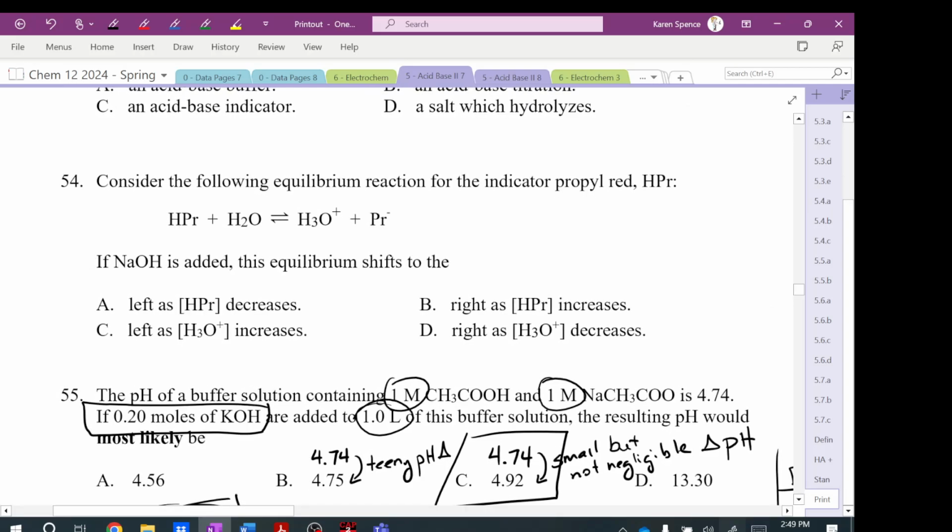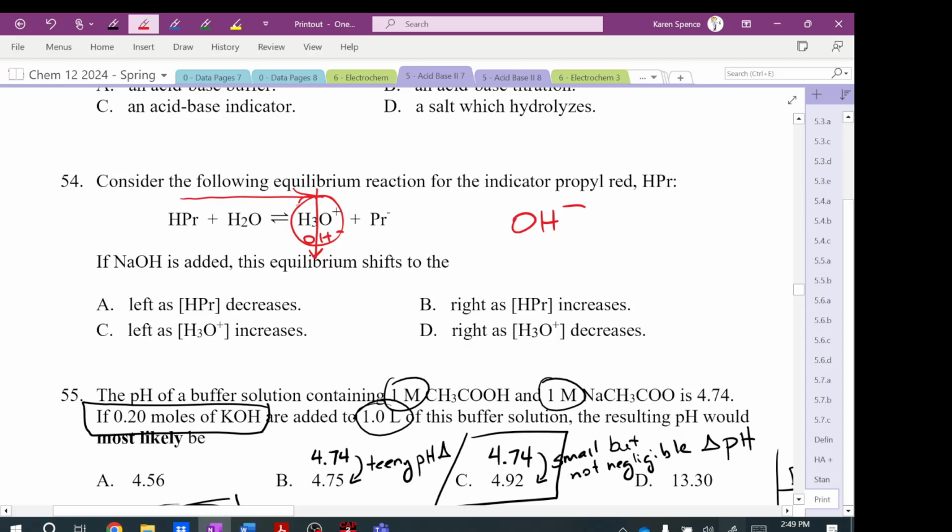Indicator, propyl red, we add NaOH. So the OH reacts with the H3O plus. That causes the H3O plus concentration to go down, which will cause this equilibrium to shift to the right.